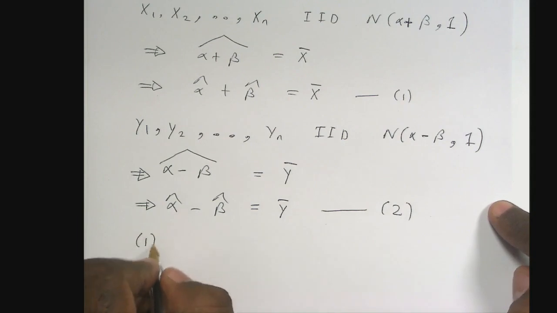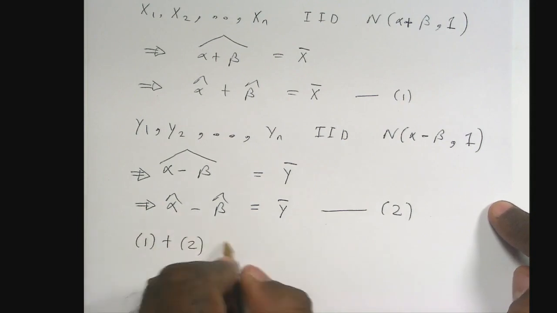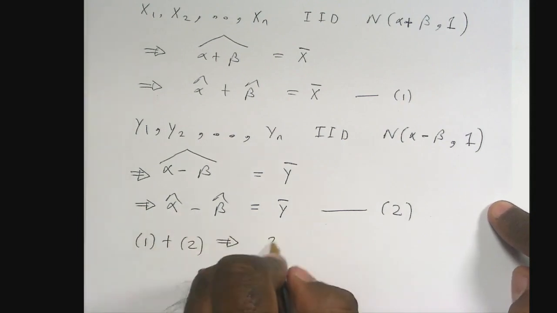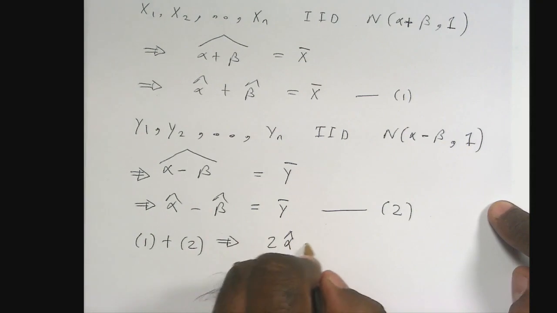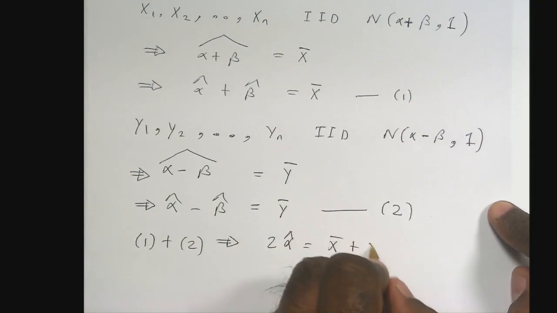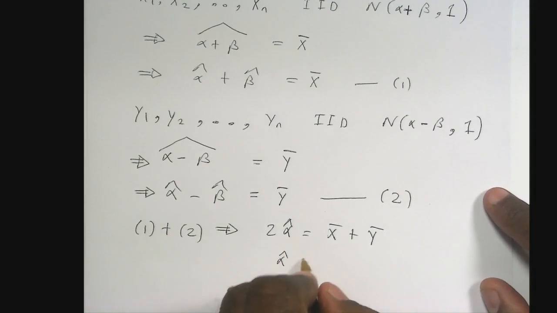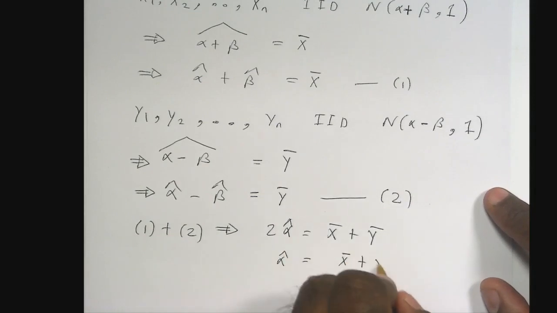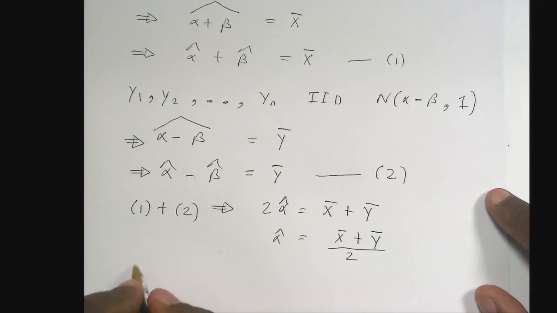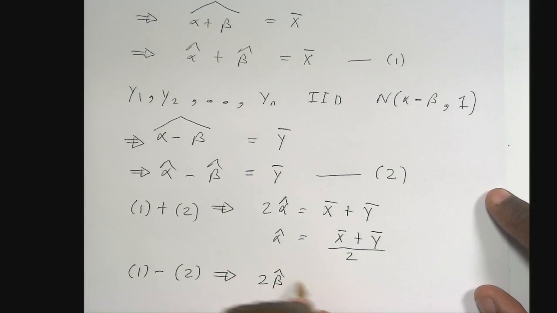Now if you add the 2 equations, 1 plus 2, you get 2 alpha hat equal to x bar plus y bar, so alpha hat is equal to (x bar plus y bar) divided by 2. Now if you subtract equation 2 from equation 1, you get 2 beta hat equal to x bar minus y bar.